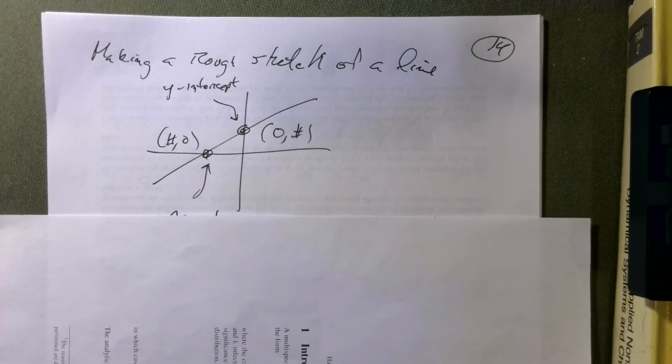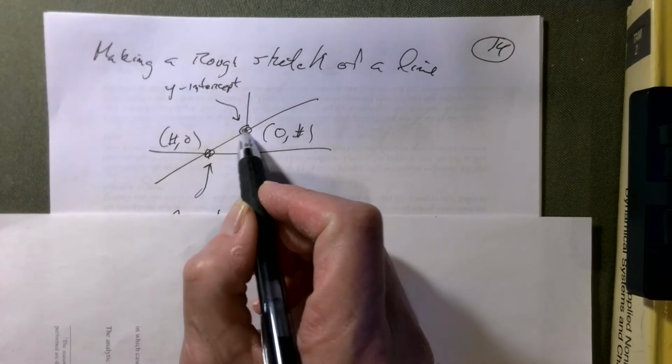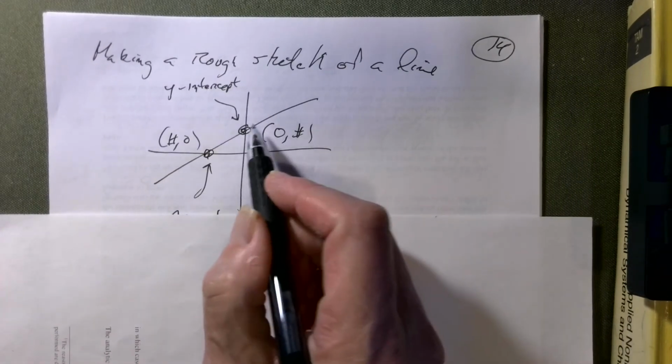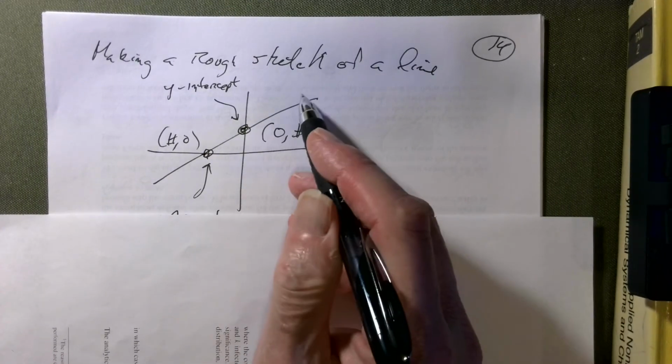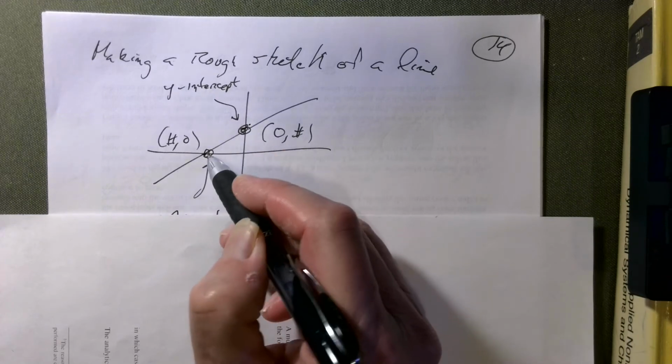Now this is something you're going to need to do when we get to the next sections. If I have a line and it passes through 2 points, that's enough information to draw the line. Well, I want you to call your attention to this point and this point. This is called the y-intercept and the x-intercept because it's where the graph intercepts the y-axis or the x-axis.